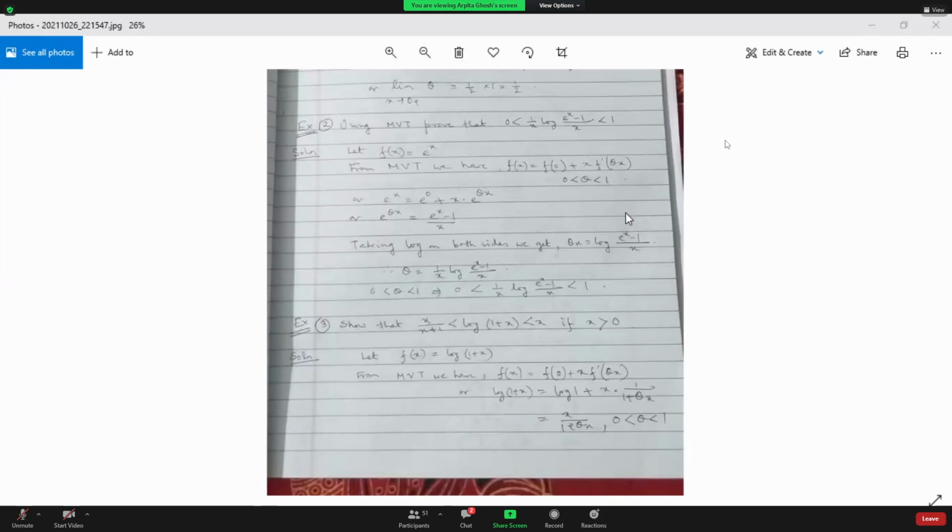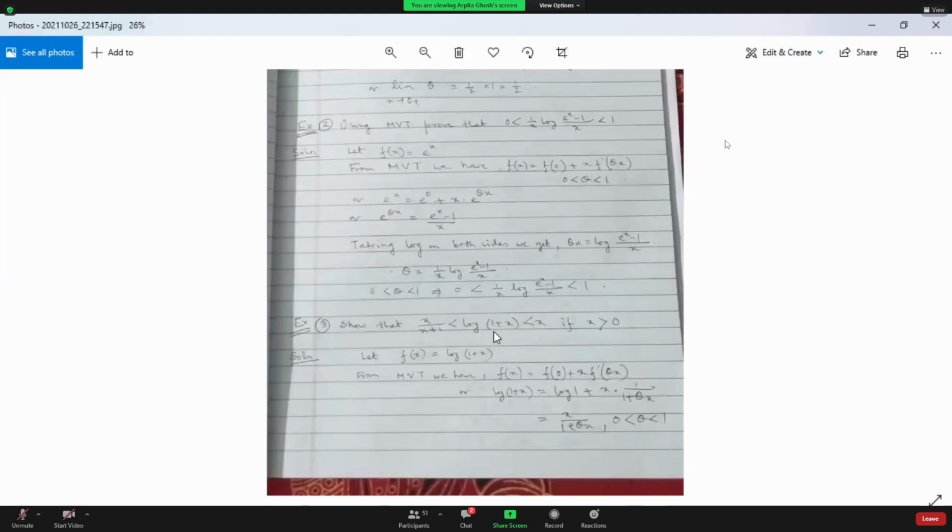Okay. So normally, given a function, if the question is like this, most of the times you will come across such questions. One function of x will be given to you, and you have to show that that function of x lies between two other functions of x. Normally the question comes like this.